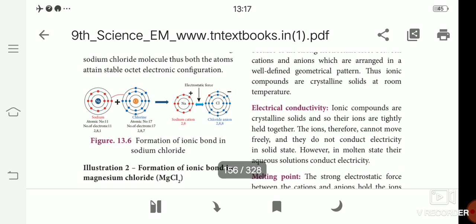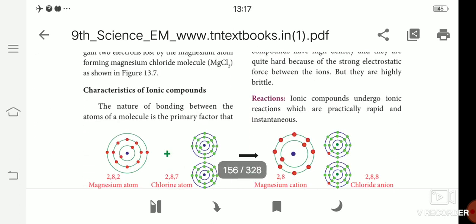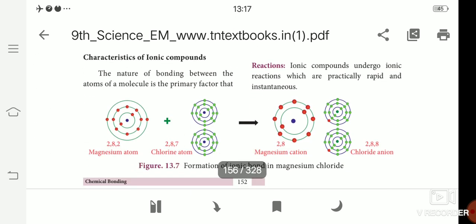Magnesium has atomic number 12 and electronic configuration 2, 8, 2. Then MgCl2 means 2 chlorine atoms are present, shown in green. Magnesium's last valence shell has 2 electrons. One electron is transferred to one chlorine, and the other electron is added to the other chlorine atom.